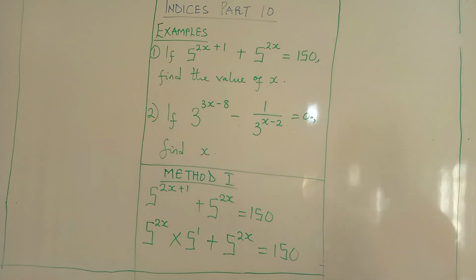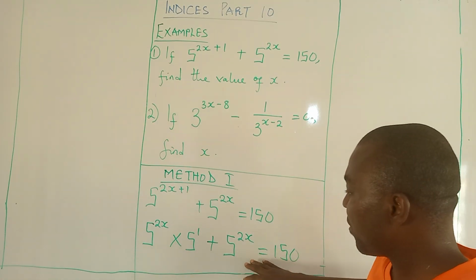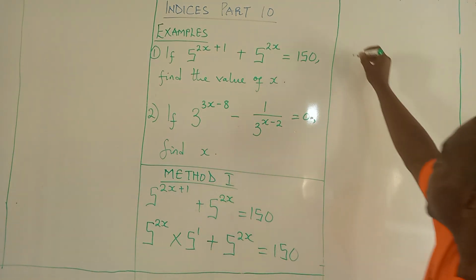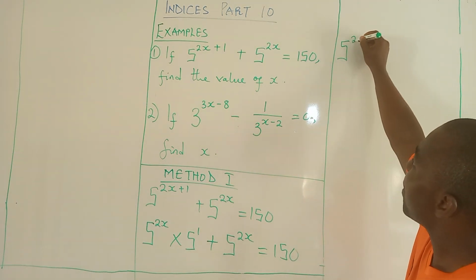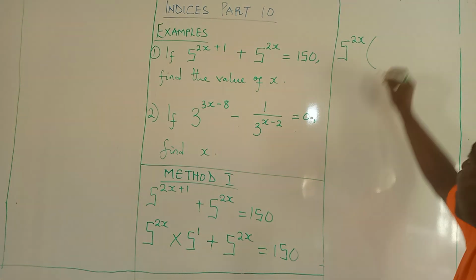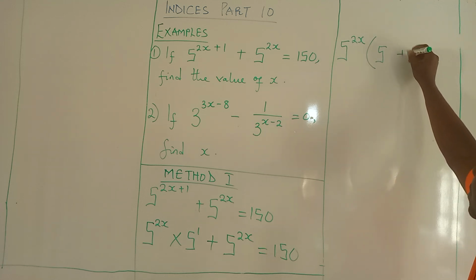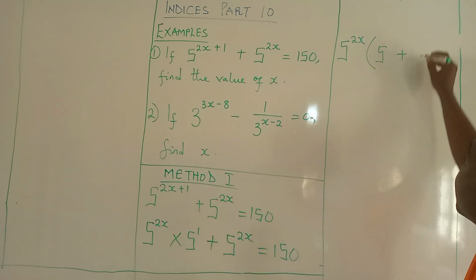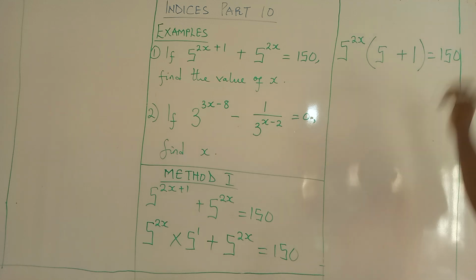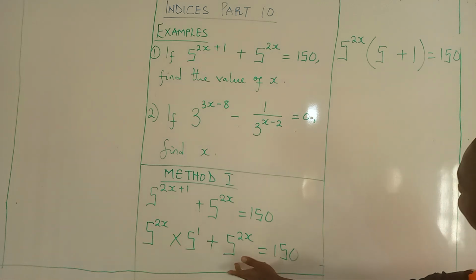Now if you look at it, this 5 raised to power 2x, this 5 raised to power 2x, I can factorize it out. So if I factorize 5 raised to power 2x, I'll be left with 5 raised to power 1 here, which is 5, plus 1, is equal to 150. Why is it so? If you remove this bracket, you have back this line.